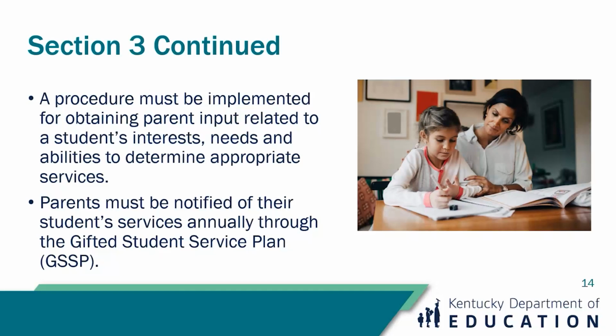There is a newer form that was published to districts through Infinite Campus in June of 2023, and it automatically populates from the GT record in Infinite Campus. For more information on how to create and see the Gifted Student Service Plan, please see the data standards for gifted and talented. There'll be links to a video and also a presentation on how to create this newer Gifted Student Service Plan.